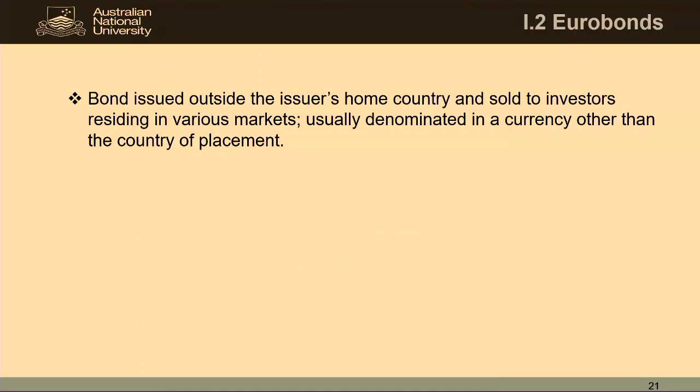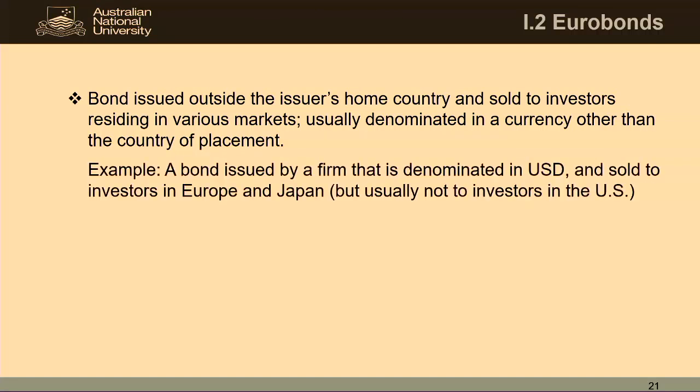So this is the second type of international bond, which is called Eurobonds. So Eurobonds are bonds issued outside the issuer's home country, and they're sold to investors residing in various markets. And they're usually denominated in a currency other than the country of placement. Okay? So in this case, let's take a look at an example.